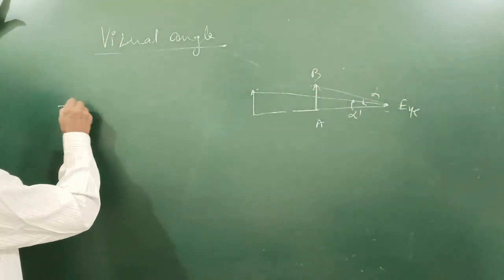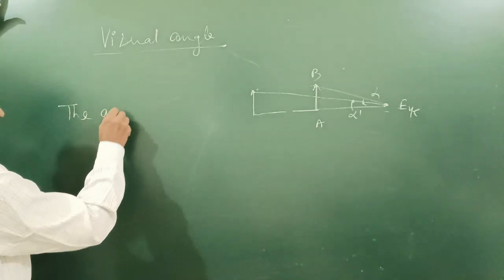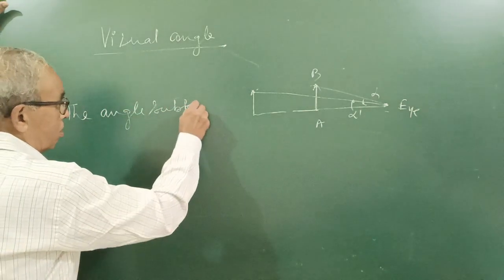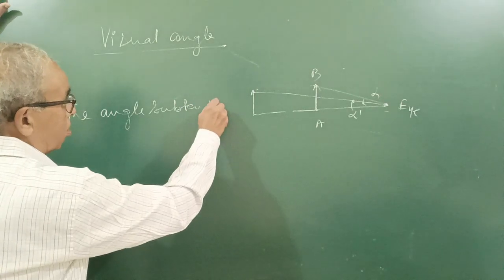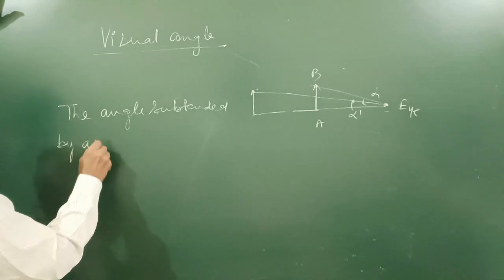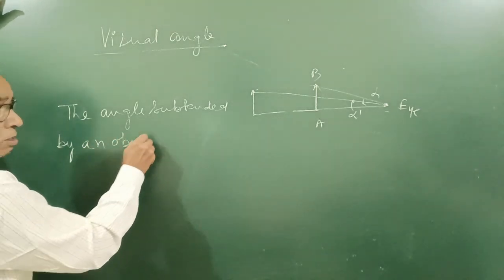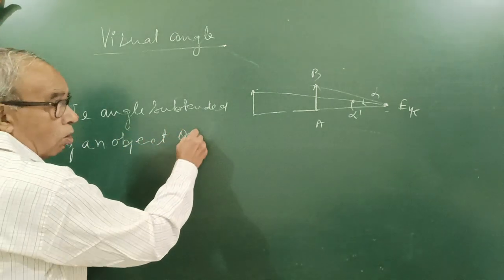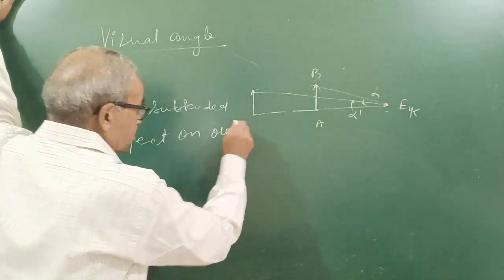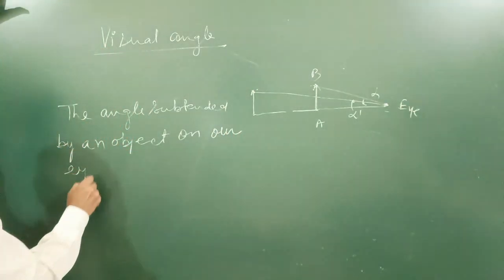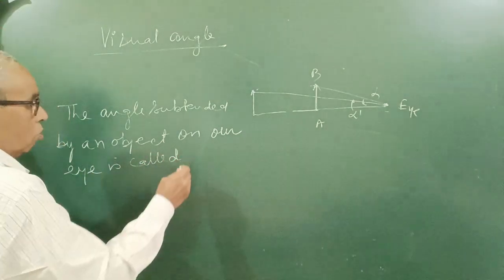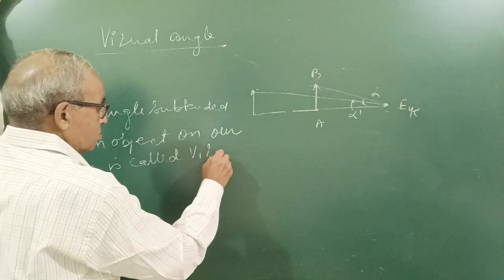So the angle subtended by an object on our eye is called the visual angle.